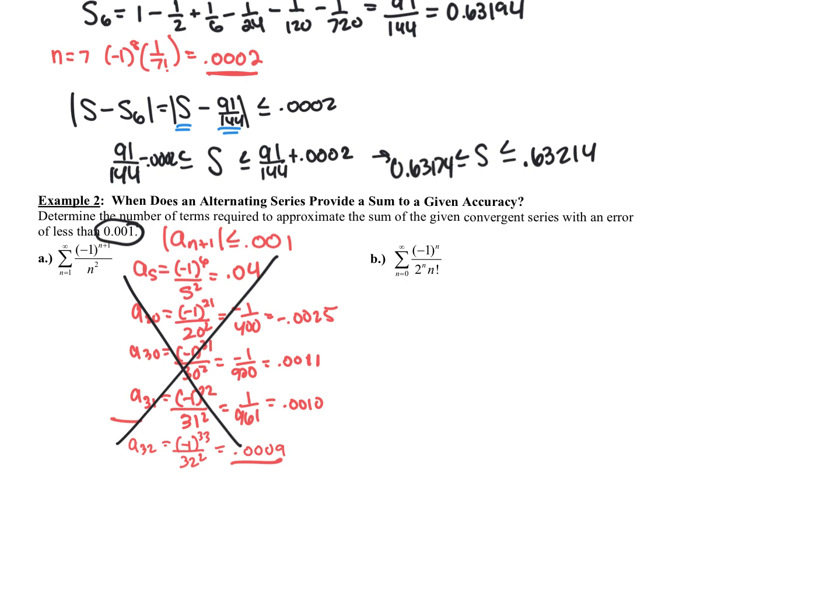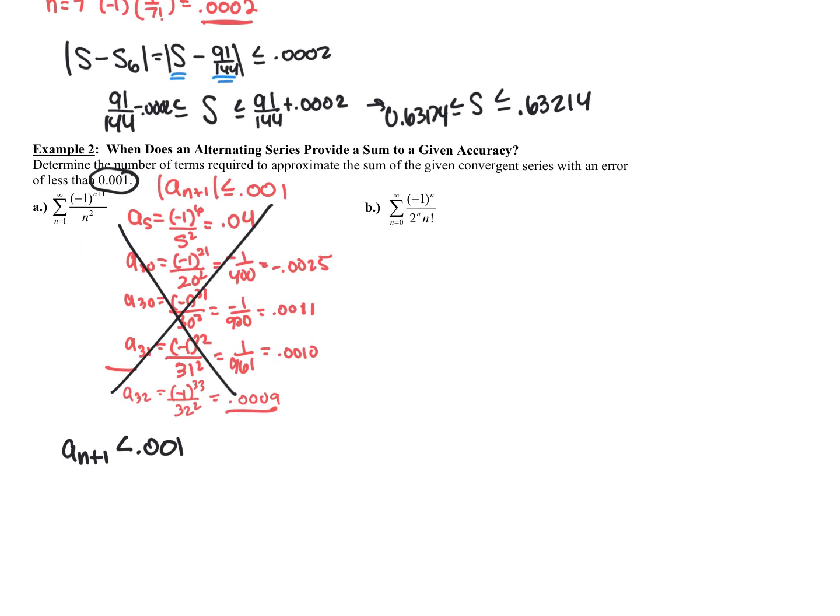So now, another method to see what it is, because what if you need to go to 1,000 terms or 500 terms or something like that? You're not going to be guessing all of these values. So what can we actually do then? What we can do then is say, okay, we need the a sub n plus 1 term to be less than 0.001, because if it's less than 0.001, then we will be good to go.